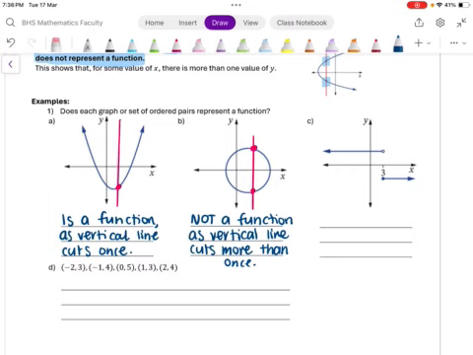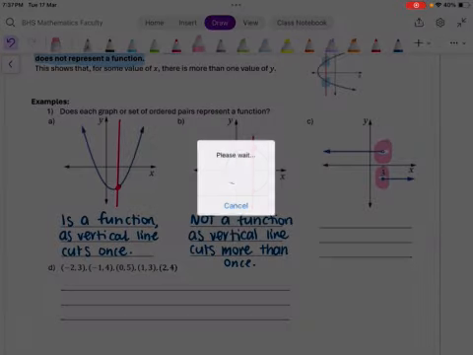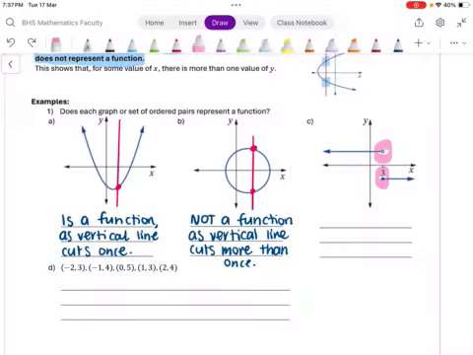Okay, C is a little bit more confusing. This is an example of a piecewise function, which we are going to do next lesson. What we have here is an open circle and a closed circle. If we think back to our inequalities, an open circle excludes that point.